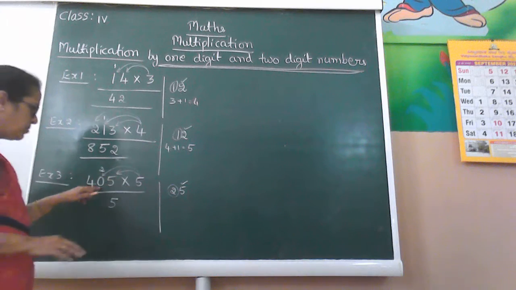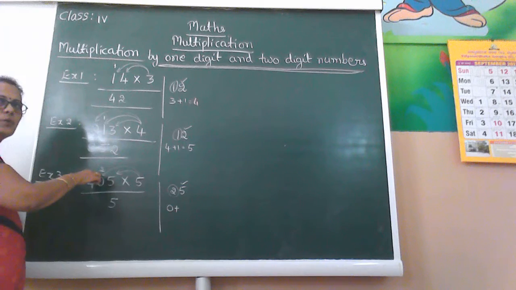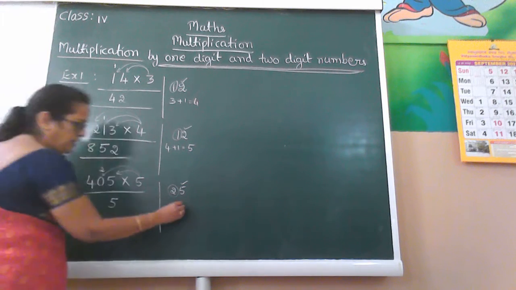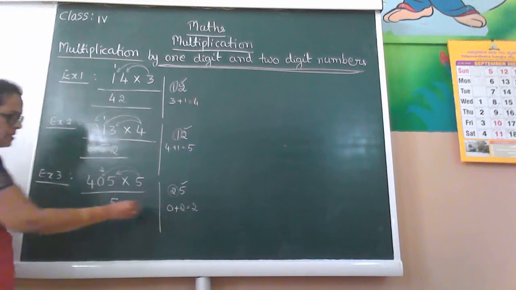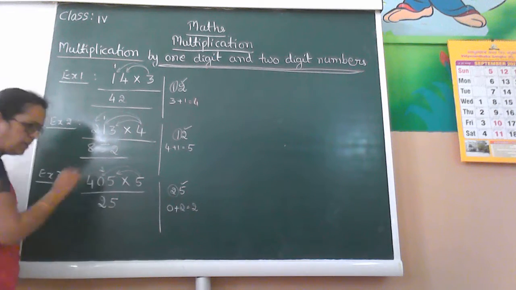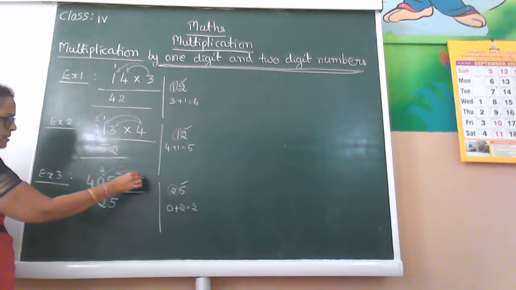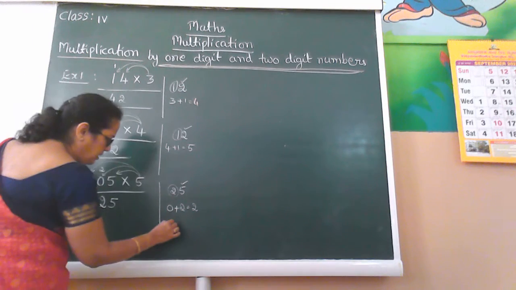So 5 into 0 is 0, but here we got 2. Here we got 2, isn't it? 0 plus 2 equals 2 only. So that is 0 plus 2 is 2. Write this 2 here. Next, 5 fours are 20.